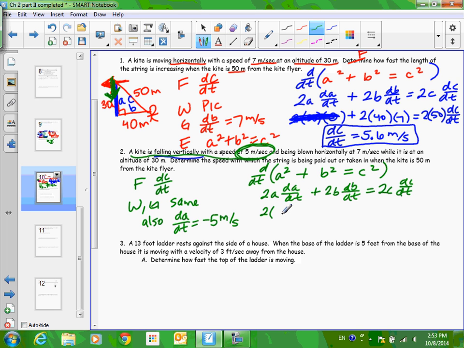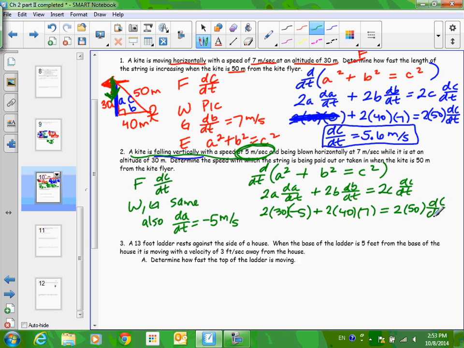Okay, A, just looking right up here, 30. But now dA over dt is something that we're given. 2 times 40. This is all from the picture.